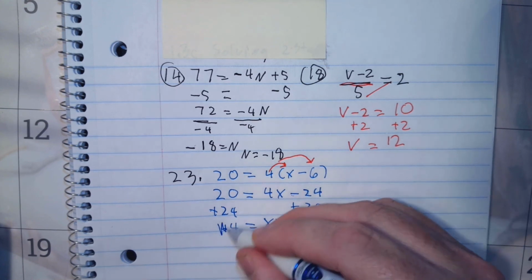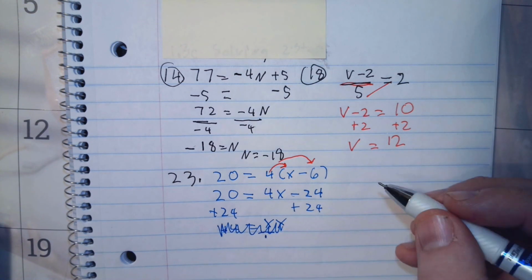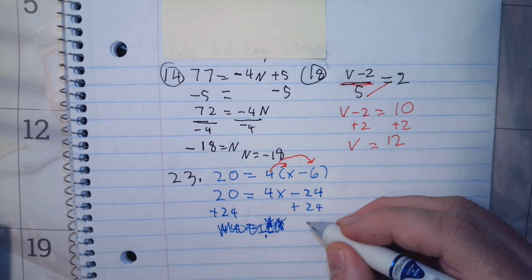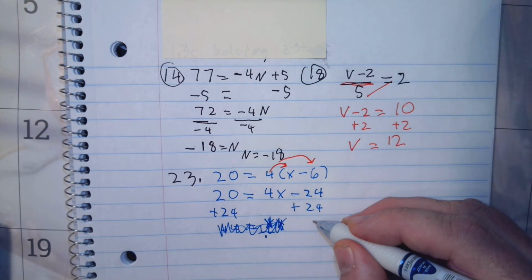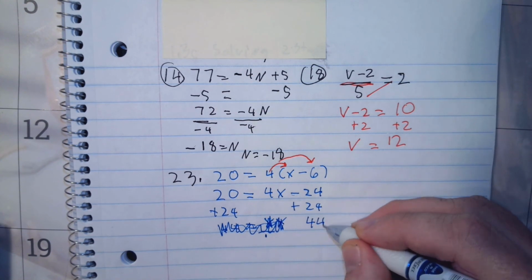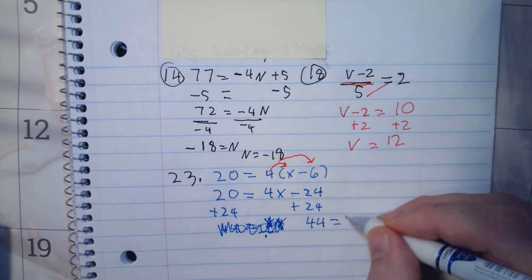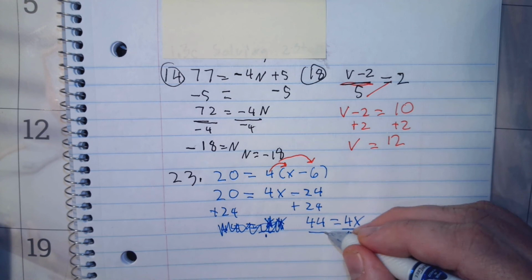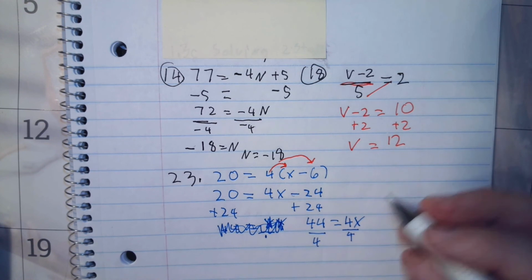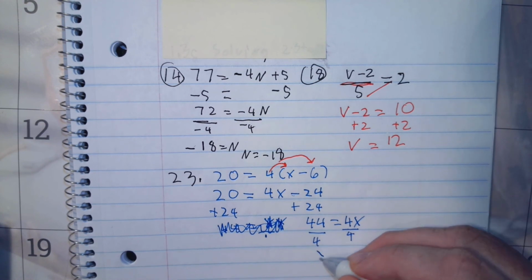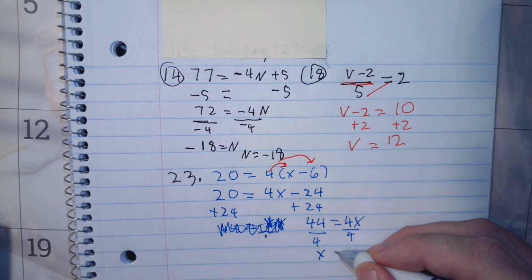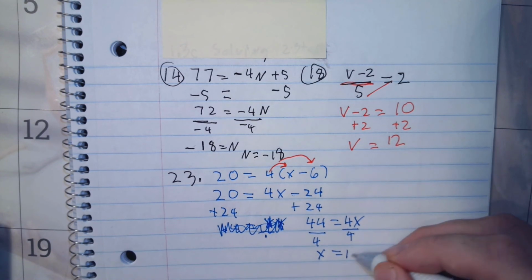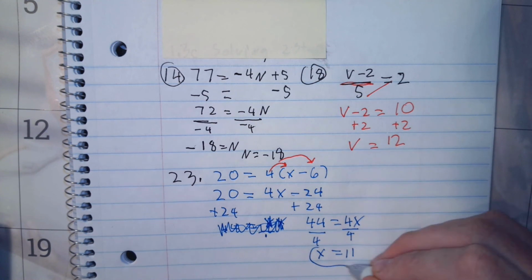That's why we're supposed to use pencil. I use pen so you can see it better. So what I should have written: 44 equals 4x. And then we're going to divide by 4. Divide by 4. And we're going to get our final answer, and we just have enough room to put it. x equals 11.